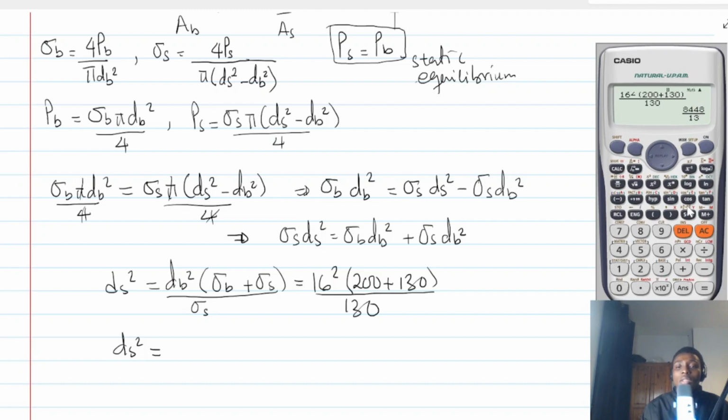That gives 649.846. Now, if I take the square root of the answer, 25.49 is the diameter required for the spacer.